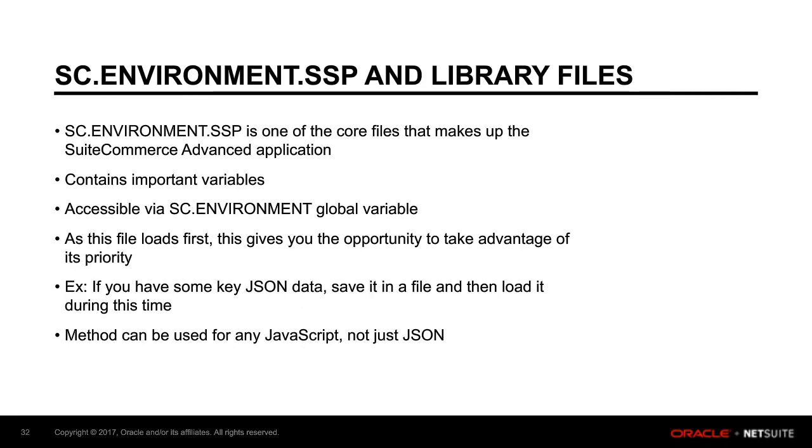You can obviously also call the SC environment global variable whenever you need it. And the important thing is that it's loaded first, and this gives you the opportunity to take advantage of its priority. For example, if you have some key JSON data, you can save it in a file and then load it during this time. The method for doing this is not necessarily restricted just to JSON. You can obviously load any JavaScript during this time.